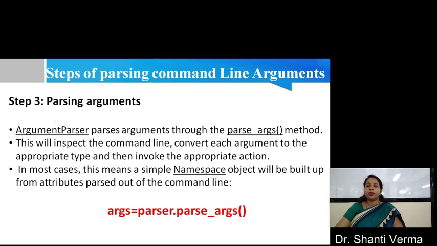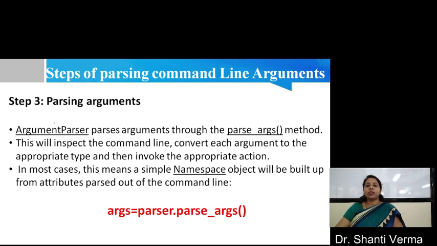In the previous program, you can see that when I pass a list of integer numbers that are stored in the form of strings, I have to convert them, then make a sum. If I use ArgumentParser, it automatically converts the numbers into integer form.